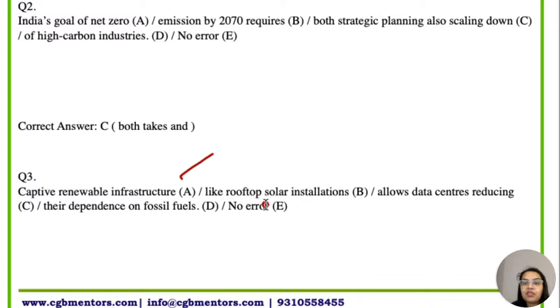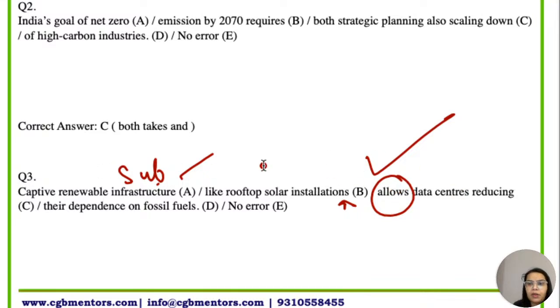Captive renewable infra like a rooftop solar installation. Infra allows. There you go. So infrastructure is the subject and verb is allows. So that subject verb agreement is fulfilled.